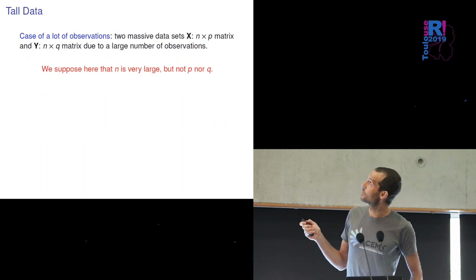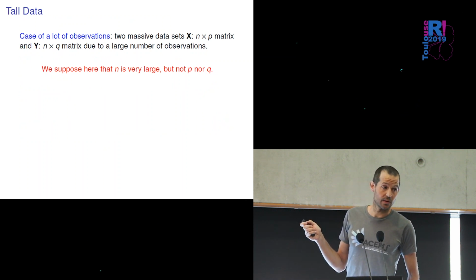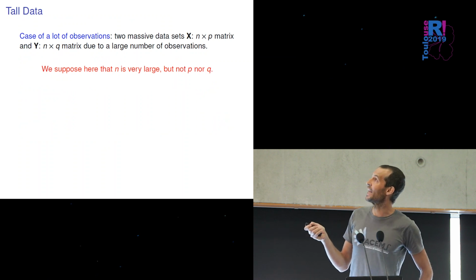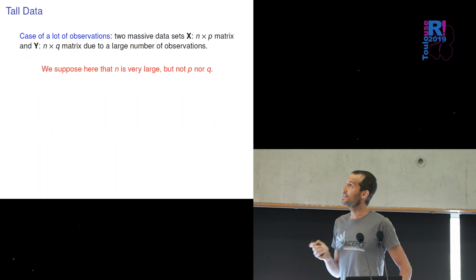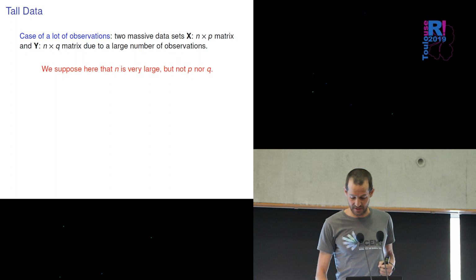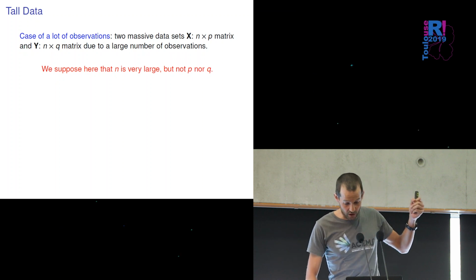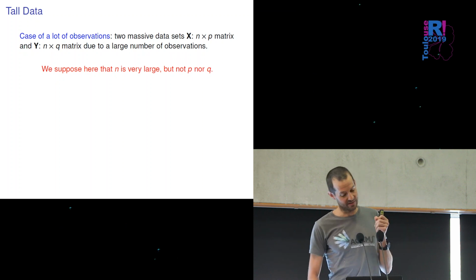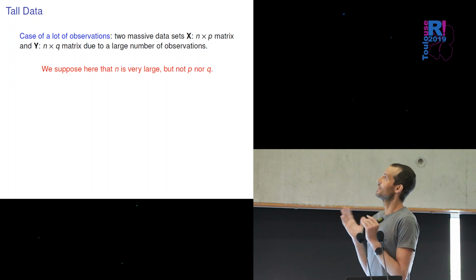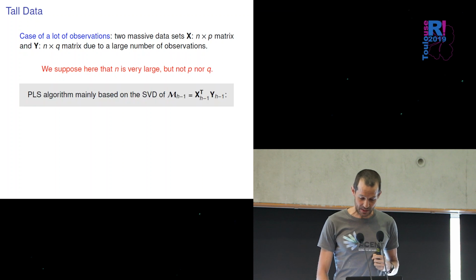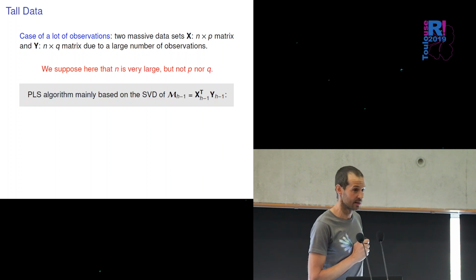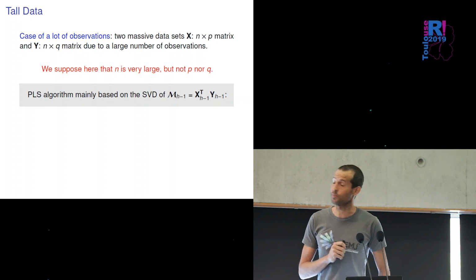Tall data means that n is very, very big, for X and for Y. Even if X and Y are very tall, what I have to do is the SVD of X transpose Y, since the PLS is based on it. But what is the dimension of X transpose Y?